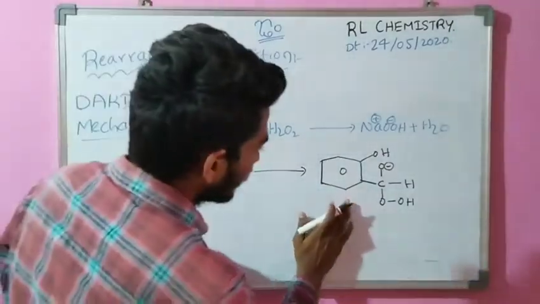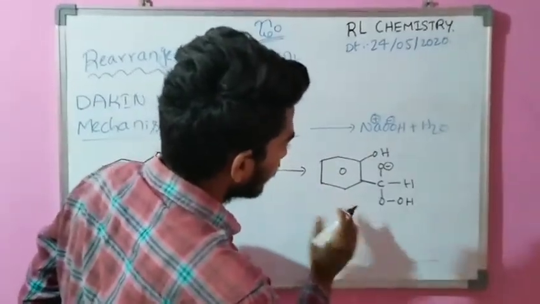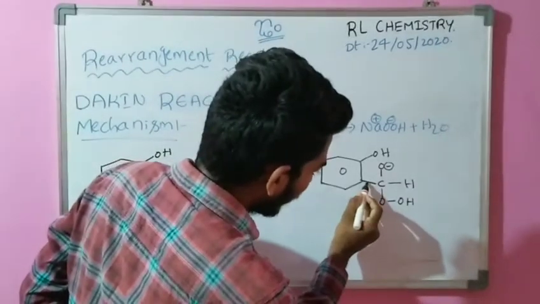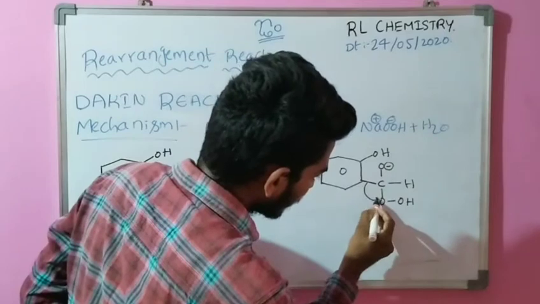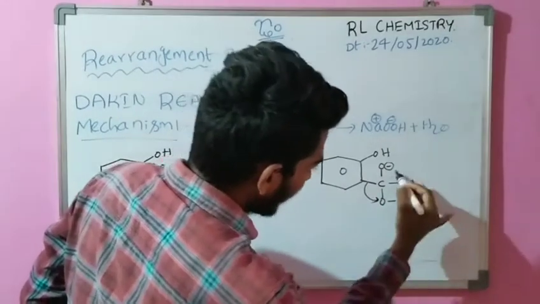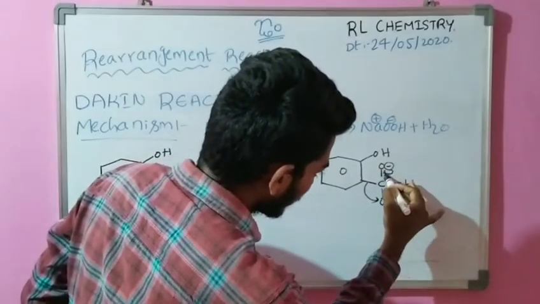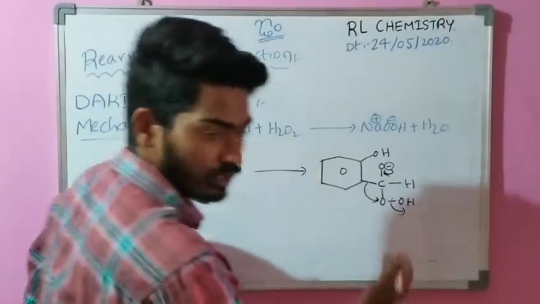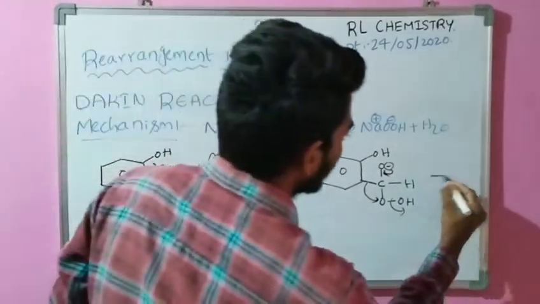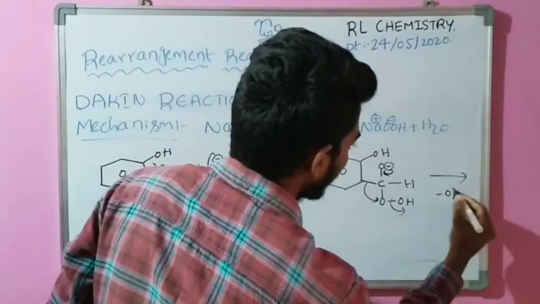Here in this reaction, this phenyl group migrates here, and this minus charge migrates here, and this hydroxyl group is removed from the reaction.